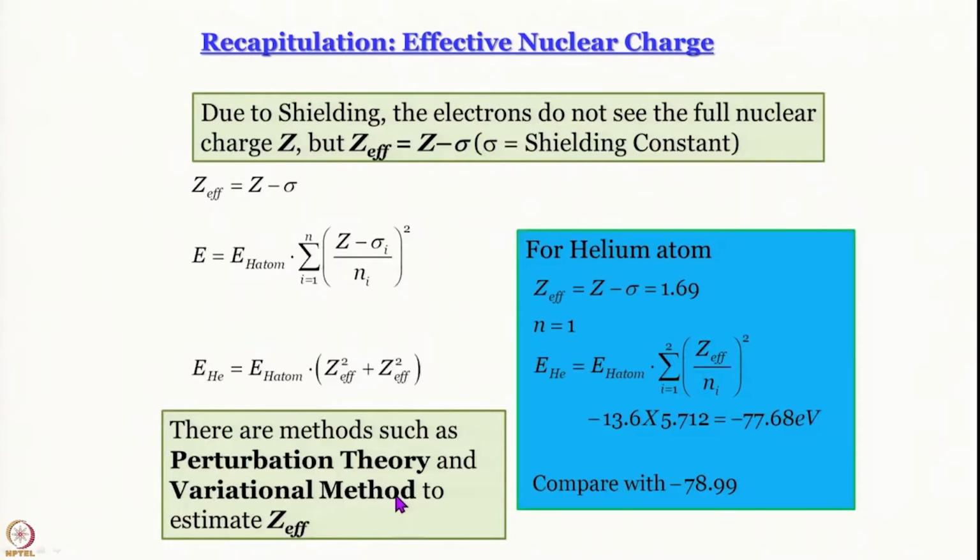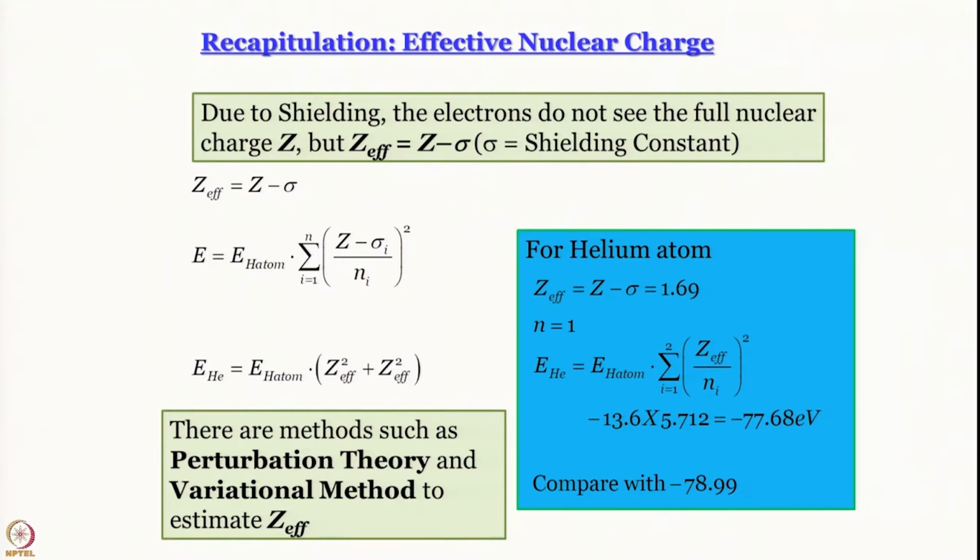With that, incorporating the shielding constant, we get the value of ionization potential or the energy of a helium atom, which is more or less close to the actual experimental value. So, that is what we had got.